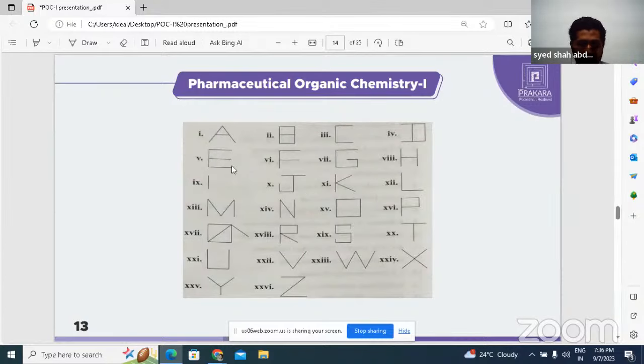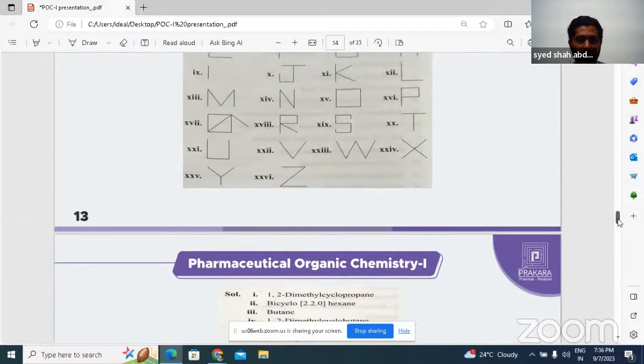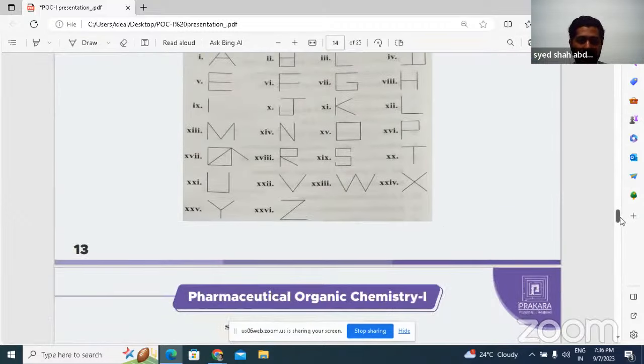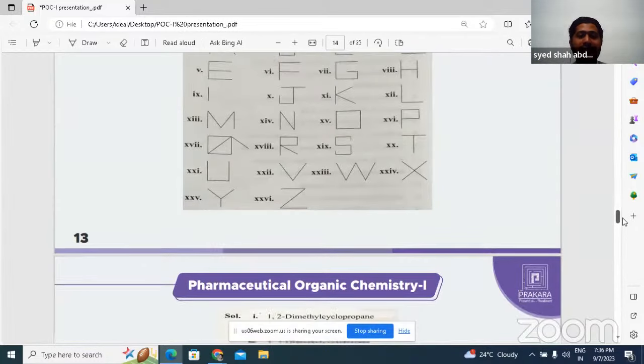So likewise, every alphabet which has been mentioned can have its own IUPAC name if you consider it as an organic compound. For example, A, the first one, is 1,2 dimethyl cyclopropane. And this one I think I can even guess. It is a four corners compound, cyclobutane.